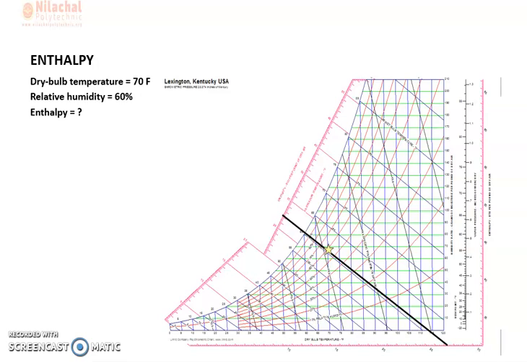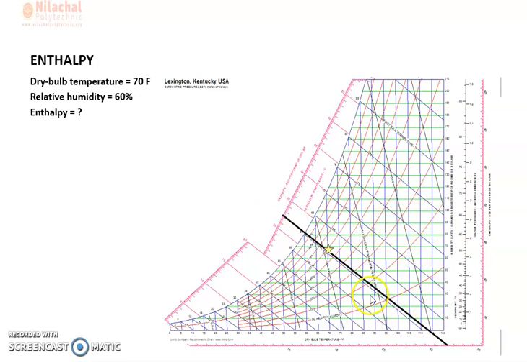You have to remember the dry bulb temperature on the horizontal axis, specific humidity on the vertical axis. Dry bulb temperature lines are the equally spaced vertical lines, specific humidity lines are horizontal, and the enthalpy lines are slightly inclined lines, and specific volume lines are also slightly inclined, but dashed.